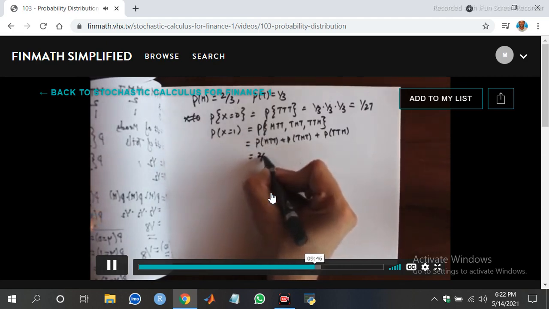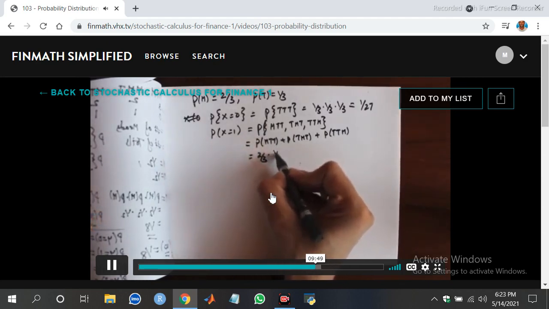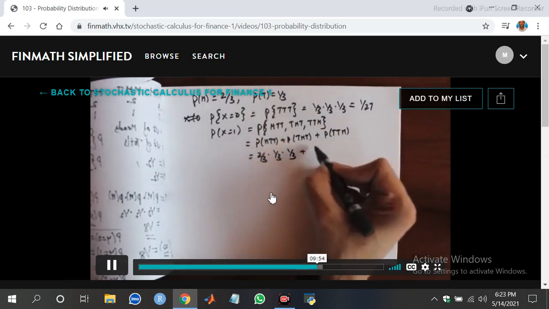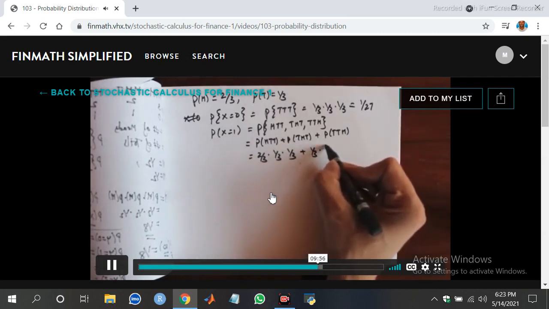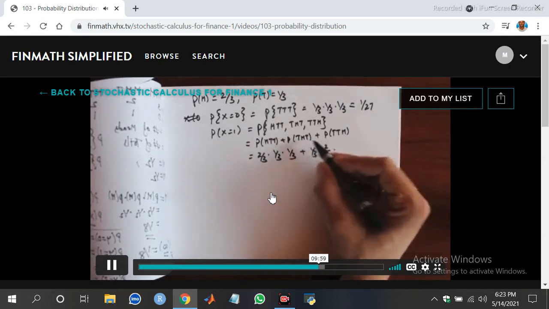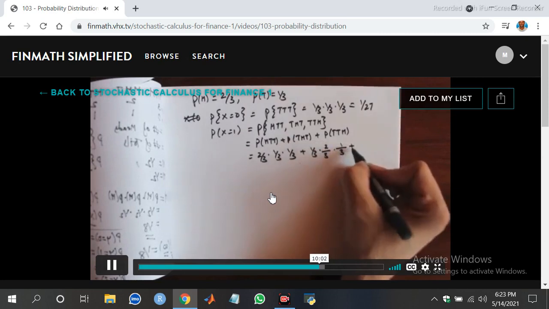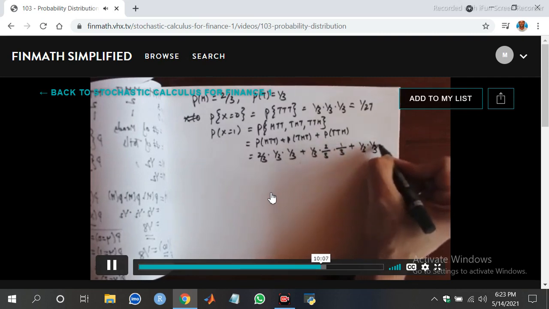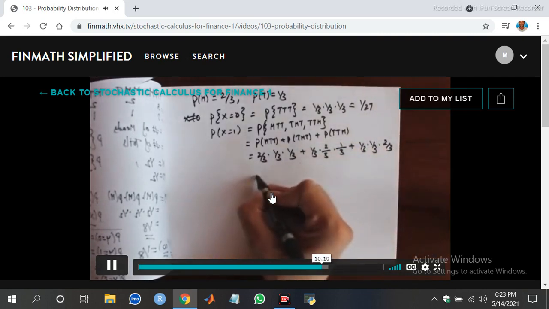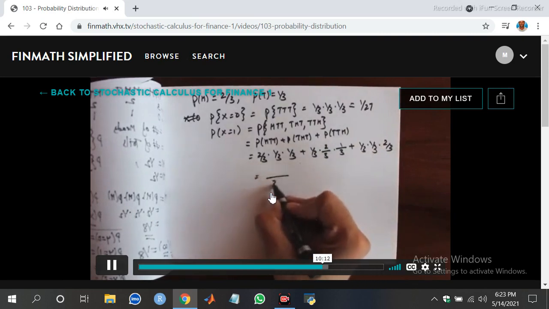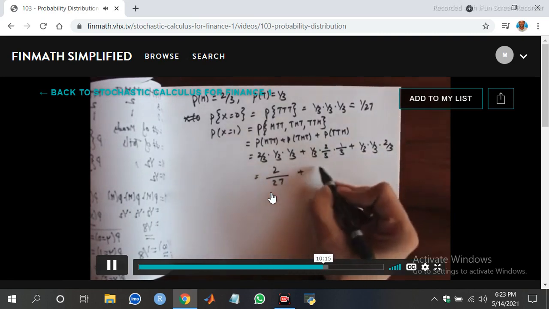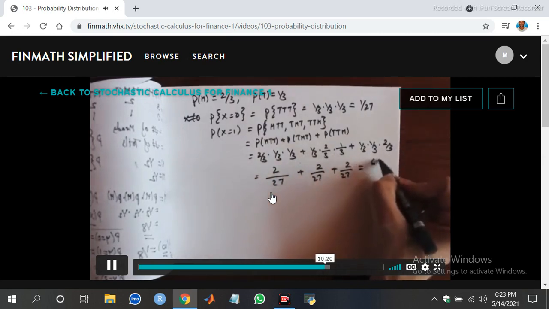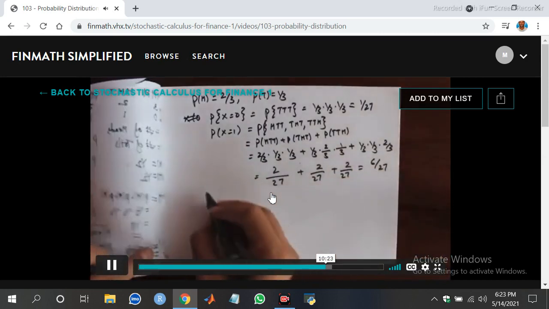So the probability of head is 2 by 3, times 1 by 3 times 1 by 3, plus 1 by 3 times 2 by 3 times 1 by 3, plus 1 by 3 times 1 by 3 times 2 by 3. So you look at this, this is 2 by 27 plus 2 by 27 plus 2 by 27, which equals 6 by 27, right?